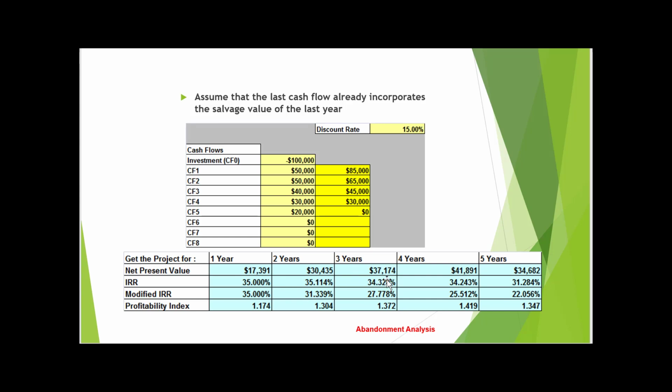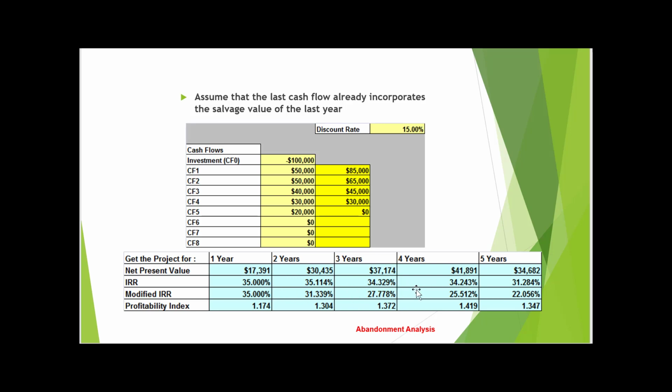Year 3, it's $37,000. $41,000 for year 4, and year 5 is $34,000. So what this tells us is the engineering life of this asset is $41,819.